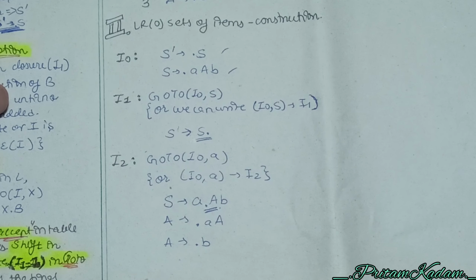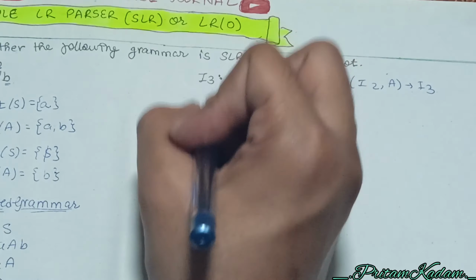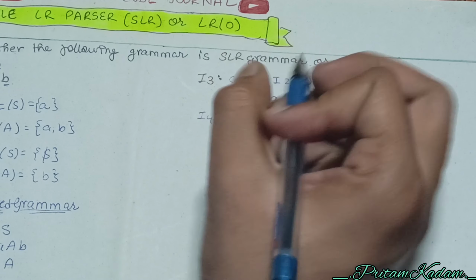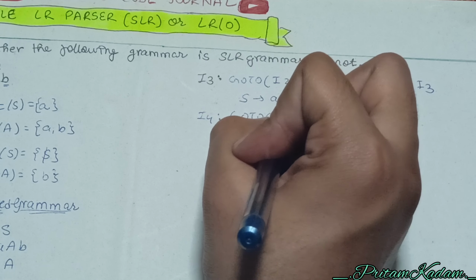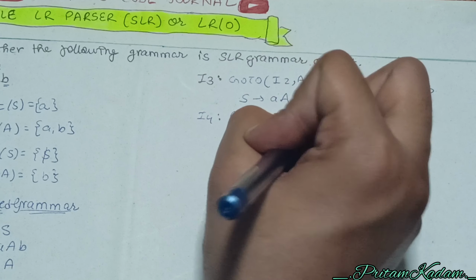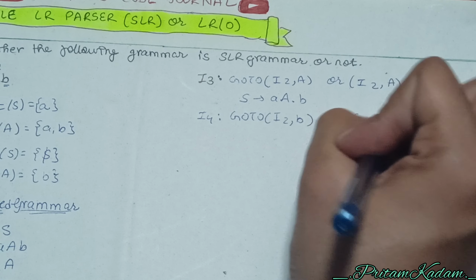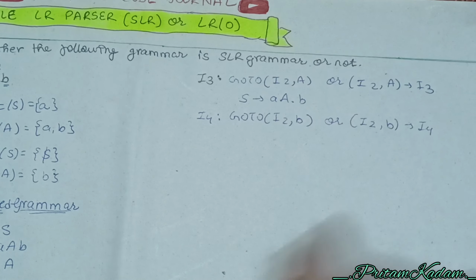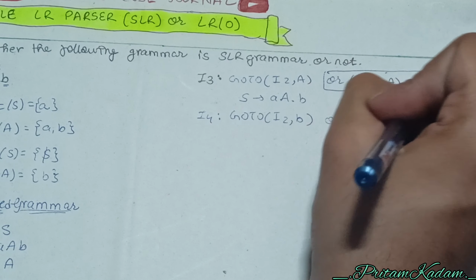Now let us proceed ahead to the next production, that is A gives dot small a capital A, or I can go for the production A gives dot small b. So go to I2 on small b gives I4, or you could have done the previous production, A gives small a.